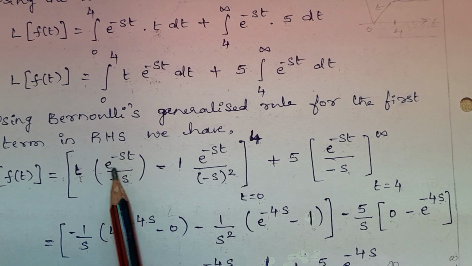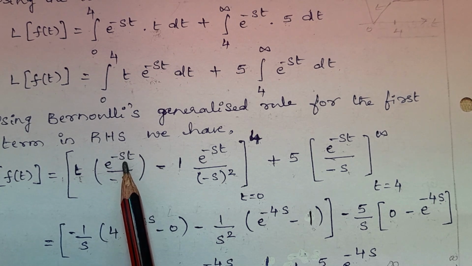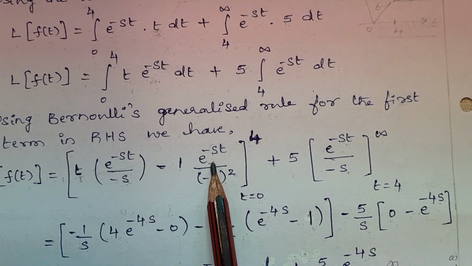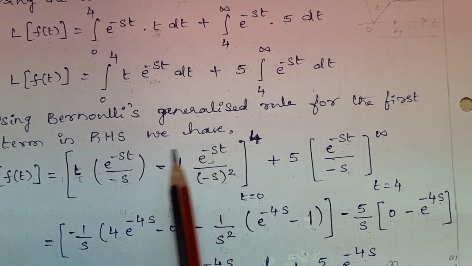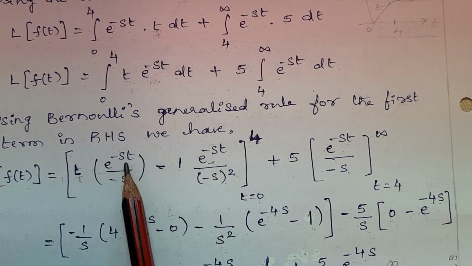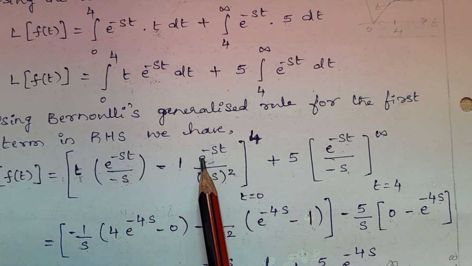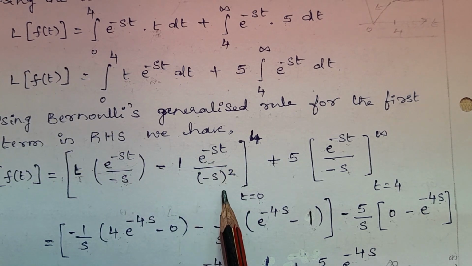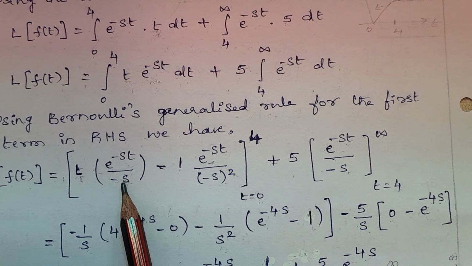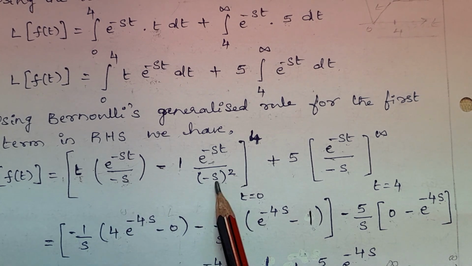Next, e power of minus st, again integrate once more. Again apply the integration for this one. Integration of e power of minus st gives e power of minus st divided by minus s; already there is minus s, so minus s into minus s is minus s whole square.